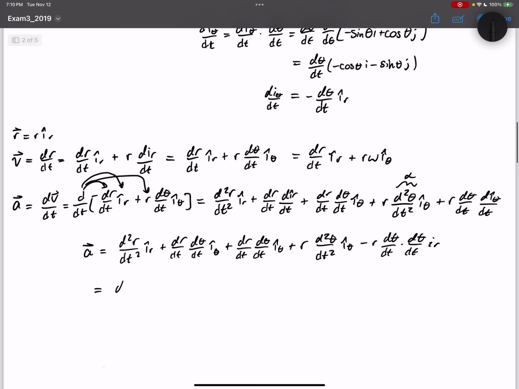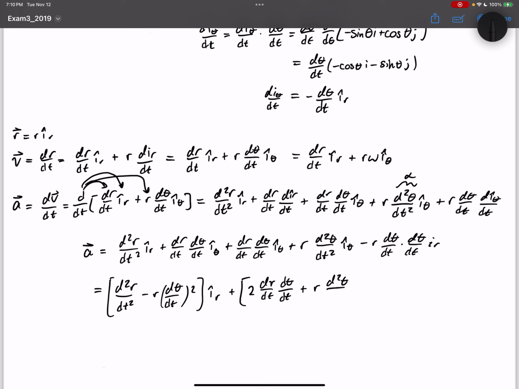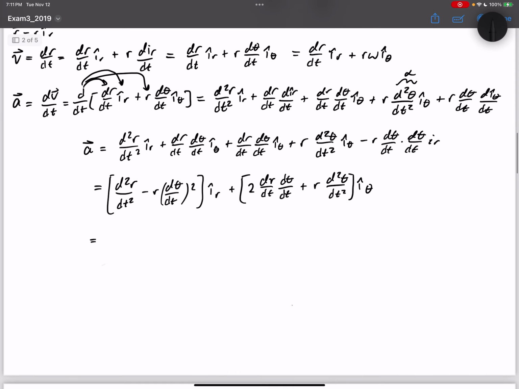Okay, so then we can just group these together. We get d squared r/dt squared minus r d theta/dt squared i_r, plus 2 dr/dt d theta/dt plus r d squared theta/dt squared i_theta. And we can also just write this as d squared r/dt squared minus r omega squared i_r, plus 2 dr/dt omega plus r alpha i_theta.